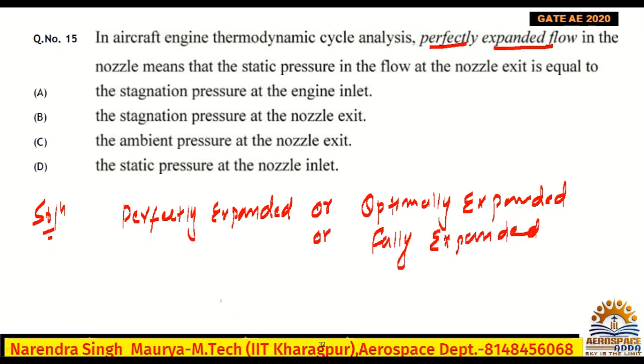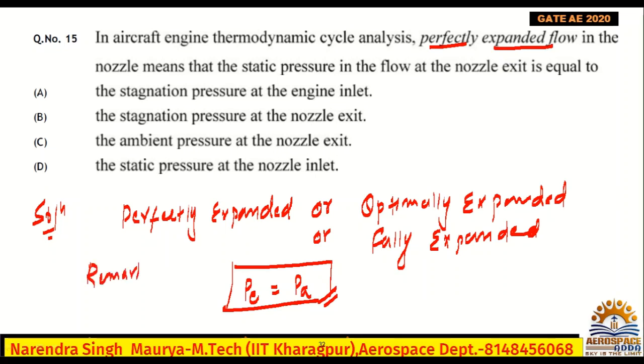So the meaning is simple: exit pressure of the nozzle is equal to ambient pressure. So make a remark point. Whenever they say perfectly expanded, or fully expanded, or optimally expanded, you need to understand immediately that exit pressure is equal to atmospheric pressure.